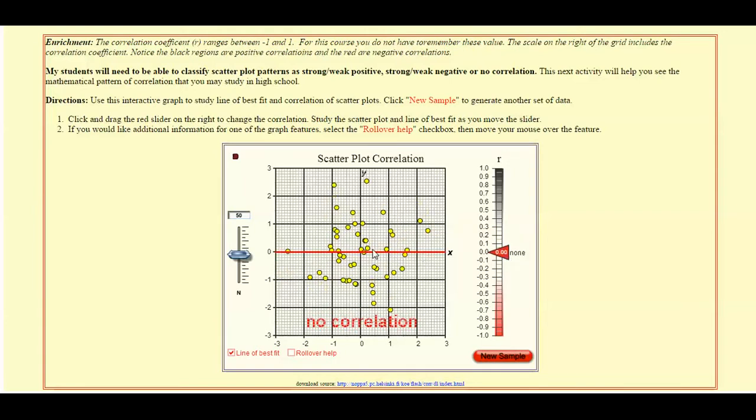This is a data set with a correlation coefficient of 0. So this is pretty much no correlation, because the dots aren't rising or falling from left to right.